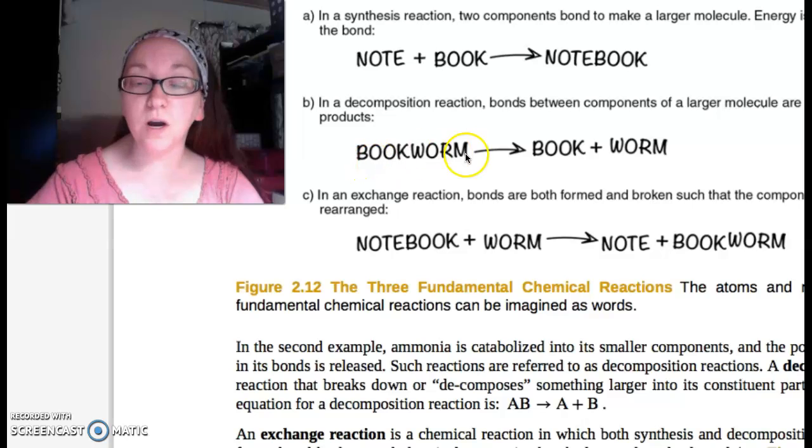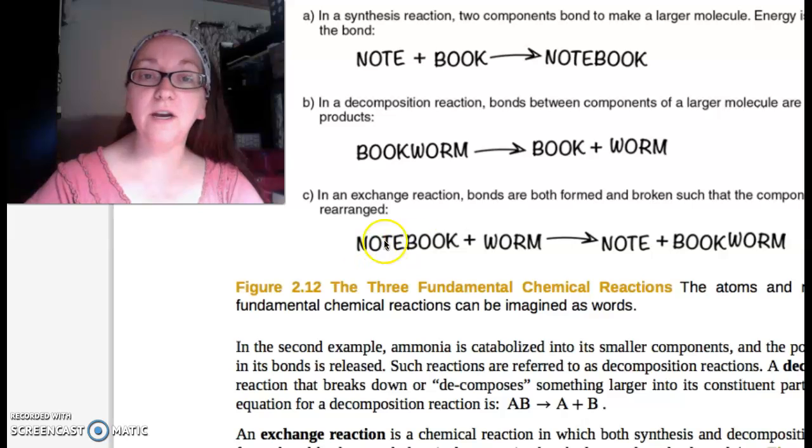So the word bookworm as a compound word, you could break down into 2 components, book and worm, and that decomposes it. This one would be a single exchange. If you had a notebook, right, that's a compound word, and then the worm separately, you could switch the parts around, right? So that you had note by itself now, and now the worm and the book are together. So they've switched places.